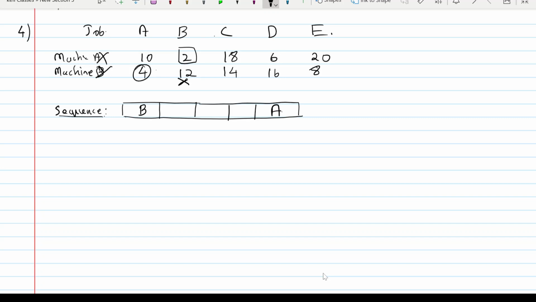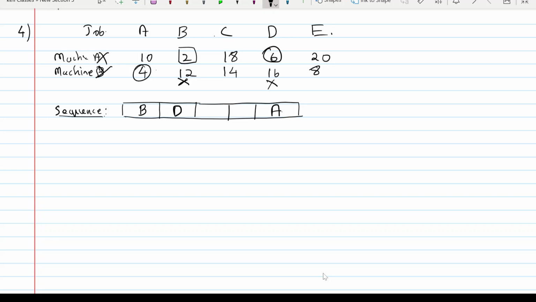This is job A. Then of the remaining 3, remaining 3 na, so 6 is the lowest. It belongs to the first machine and so it will go on the left hand side, so it will be job D. Okay, now its left is 18, 14, 20 and 8.